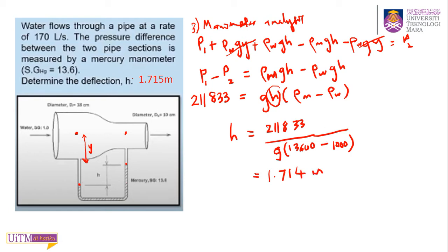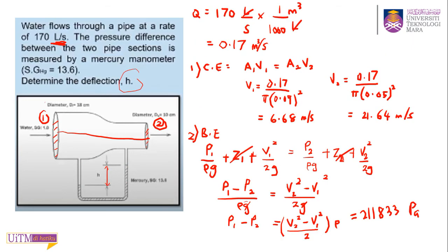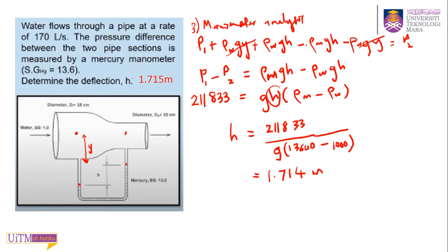So that's how you solve the question. The steps are quite long. You need to write your continuity equation, Bernoulli equation and your manometer analysis, but it is straightforward. Do it step by step, and you can solve the question to find the deflection H. Remember you need to introduce the height here, because if you don't introduce anything, you cannot write your manometer equation, right?